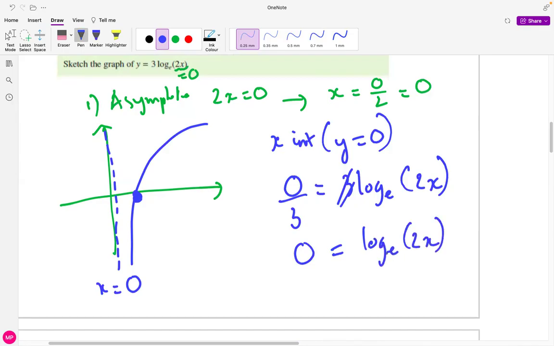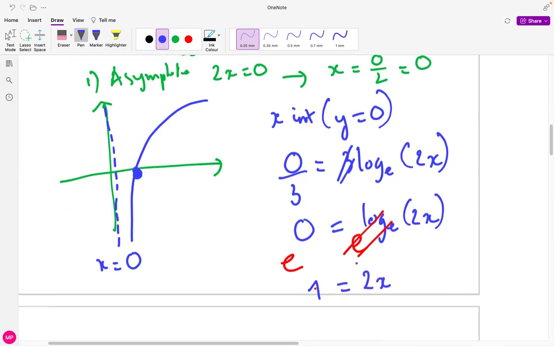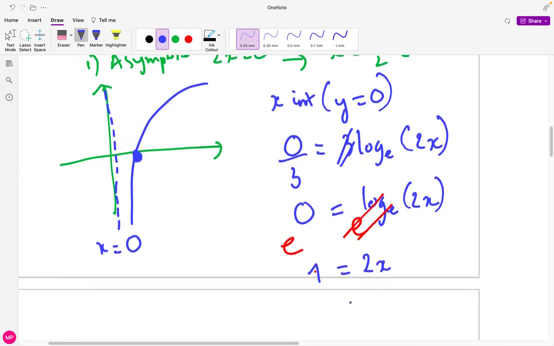Then you need to get rid of log a, and the opposite of log a is the exponential. So you do a to the power, and log a will go away. So you end up having a to the power of 0, which is 1. So you have 1 equals 2x, and then divide by 2, x equals 1 half. So you label this point as 1 half, comma 0, right?